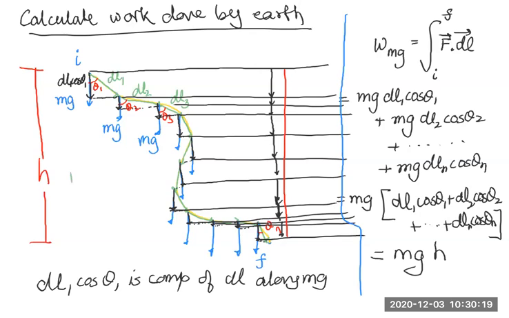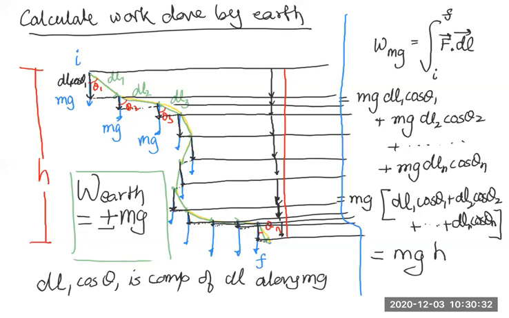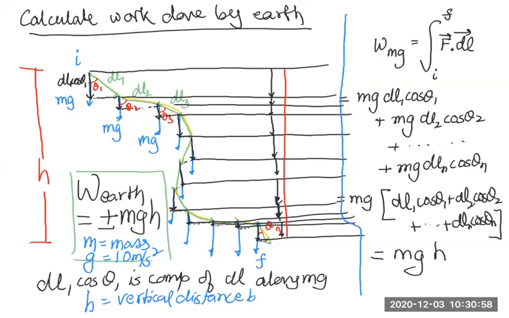What you must remember is that work done by Earth is equal to plus minus mgh, okay, where m is equal to mass, g is equal to the constant, and h is equal to the vertical distance between the initial and final points. I just told you not to call this potential energy.